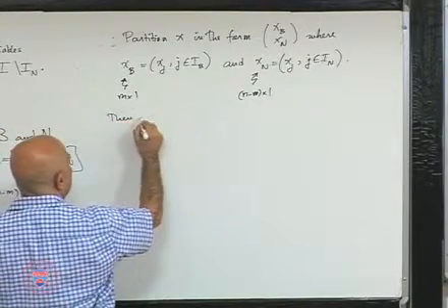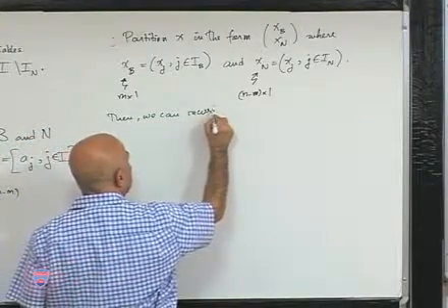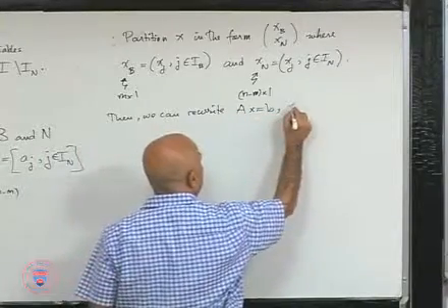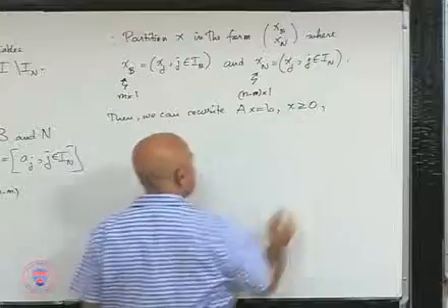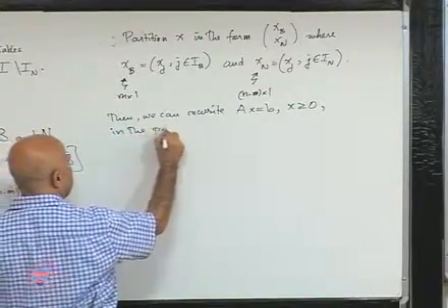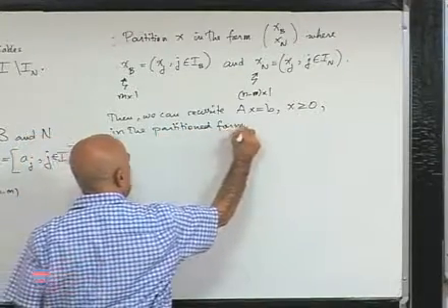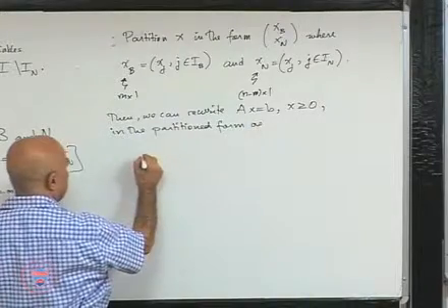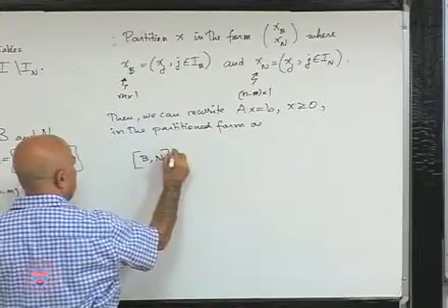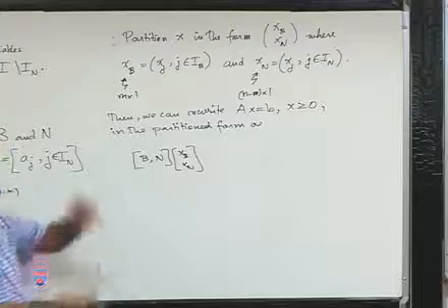Then we can rewrite the system Ax equals b and x greater than or equal to 0 in the partition form, as the following. You simply take the partition x_B, x_N. So x is a column vector.